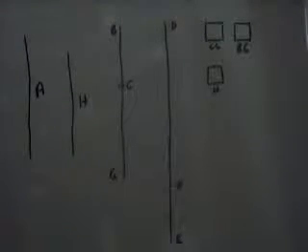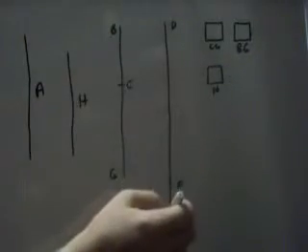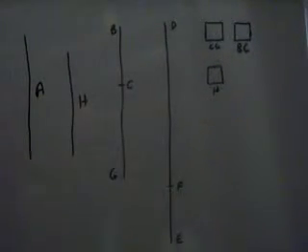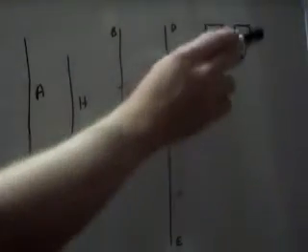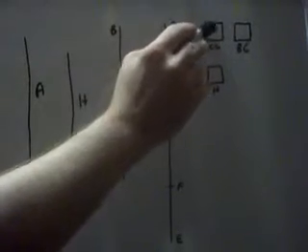And let it be contrived that as EF is to DE right here, so as EF is to this whole thing, so is the square on CG, that's this one right here, to the square on GB, that's this one right here.